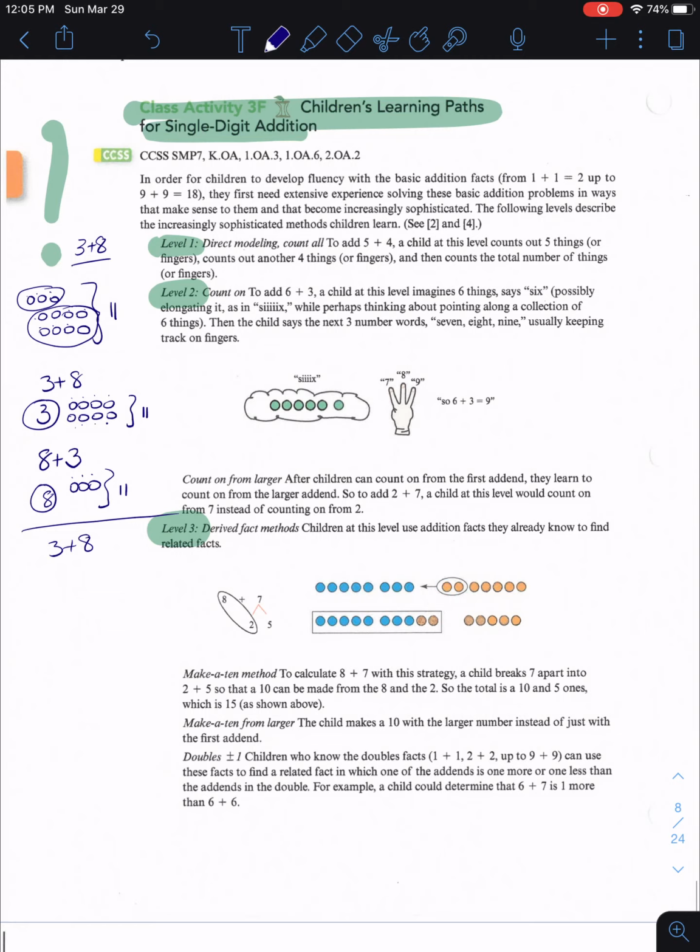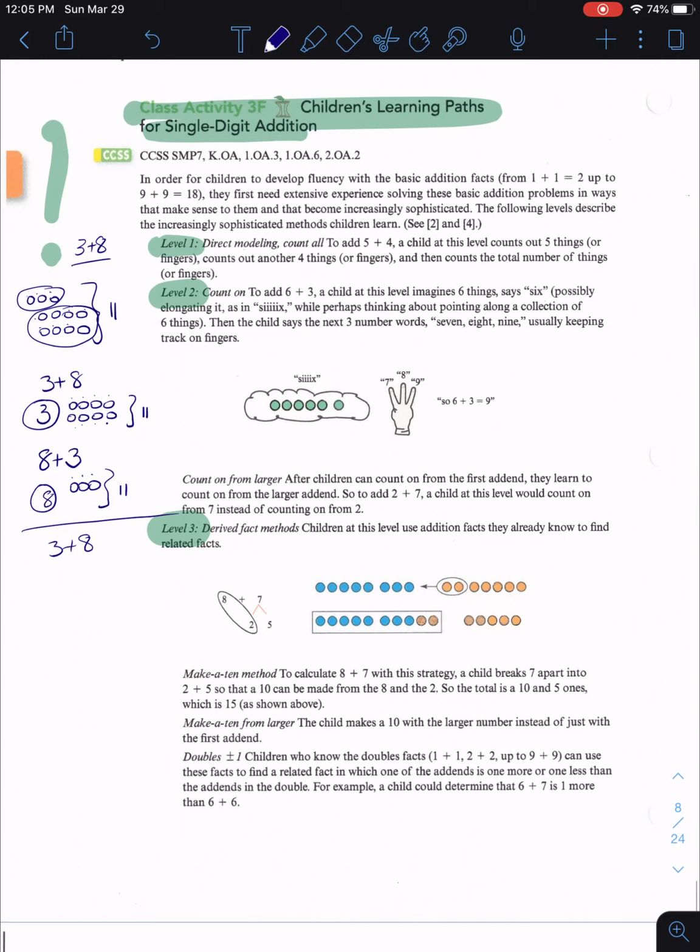And these are just examples of how some of the students might be thinking of this addition. But there are many, many more because kids are flexible and kids are generally quite imaginative about how they can decompose and compose numbers. So, for example, some derived facts could include making 10.